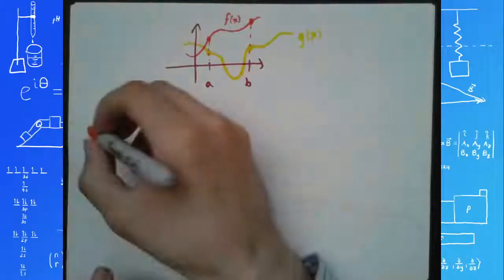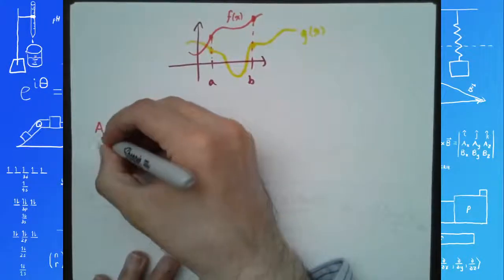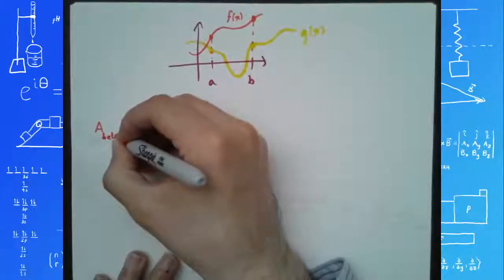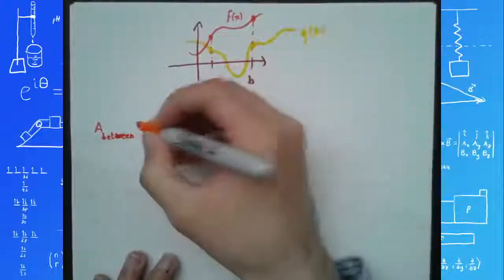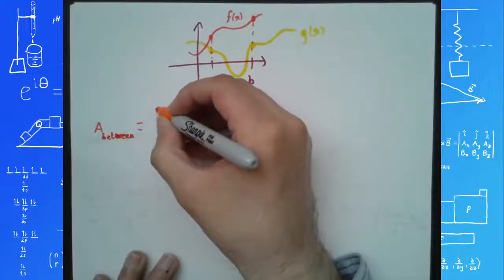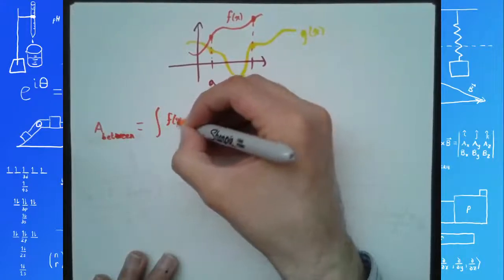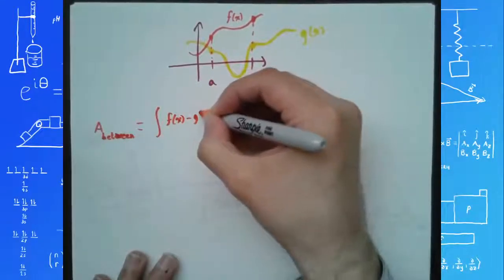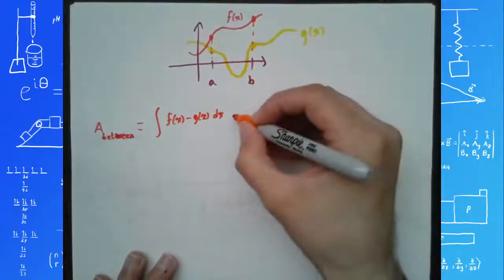Okay, so the area between curves is going to be equal to the integral of f of x minus g of x dx. And why does this make sense?